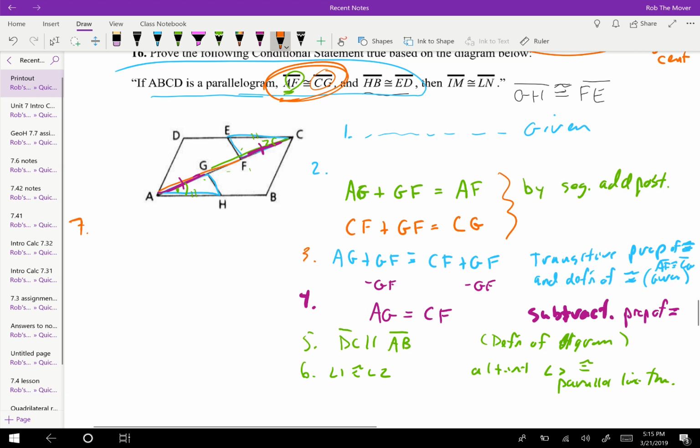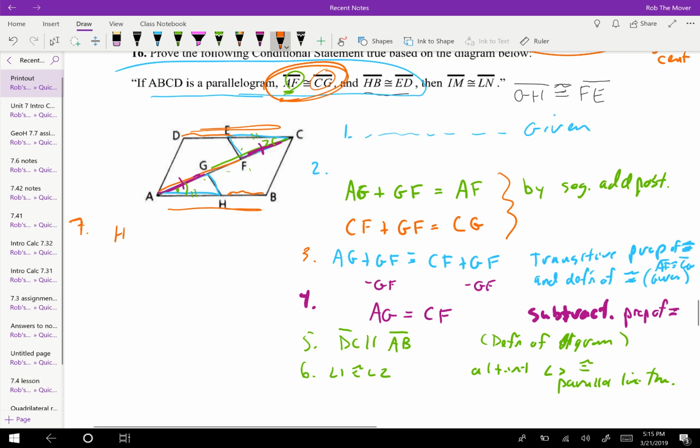We're going to have to use the fact that DC and AB are congruent. So I want to get them involved in a segment addition situation because I know that HB and ED are congruent. So let's go ahead and get HB and ED involved as well.